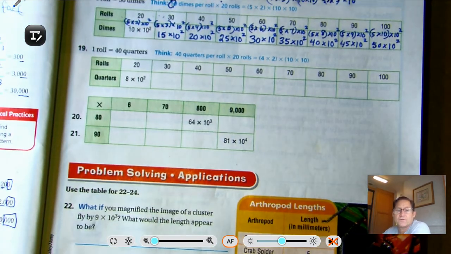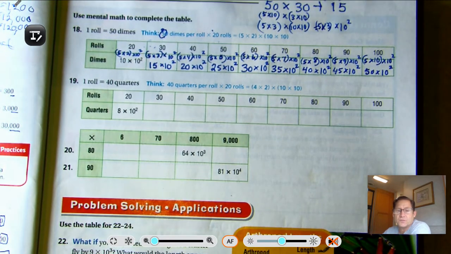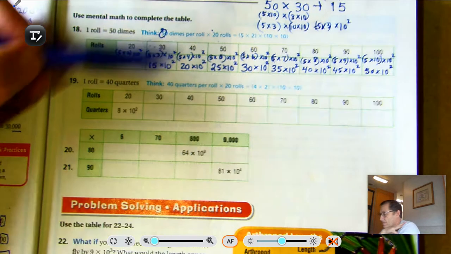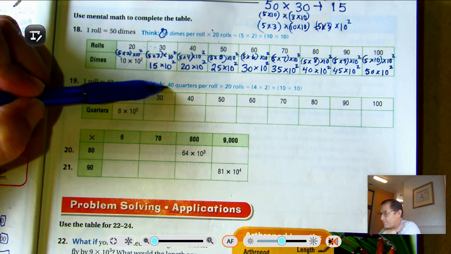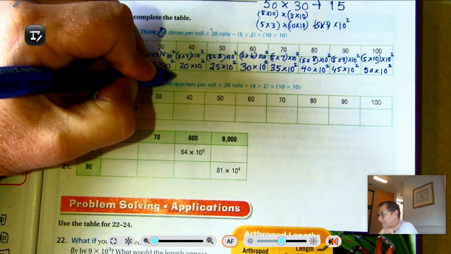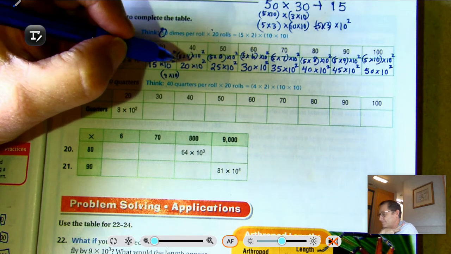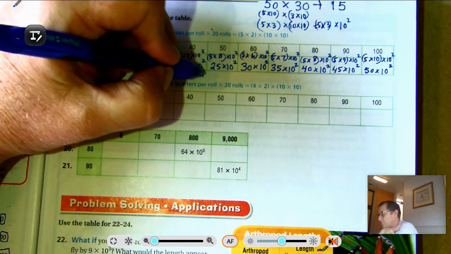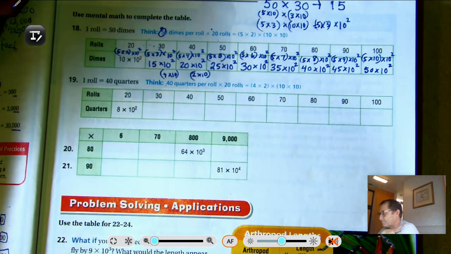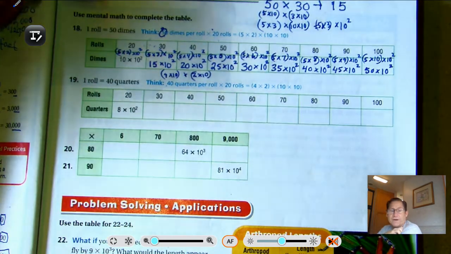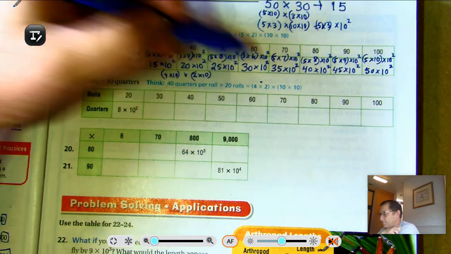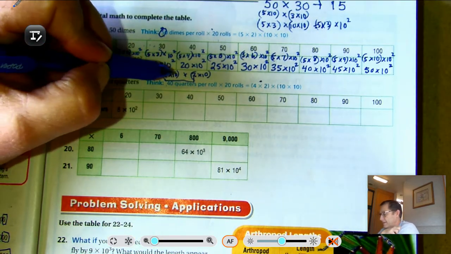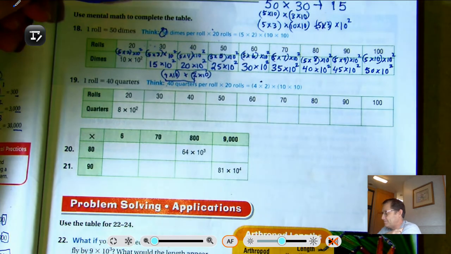Okay. All right, let's try 19. One roll equals 40 quarters. So think of 40 quarters per roll times 20 rolls. So we can take 40 and break that into 4 times 10. And we can break the 20 rolls into 2 times 10. So we can rewrite that as 4 times 2 and 10 times 10.